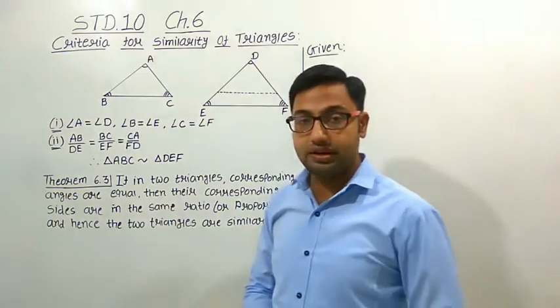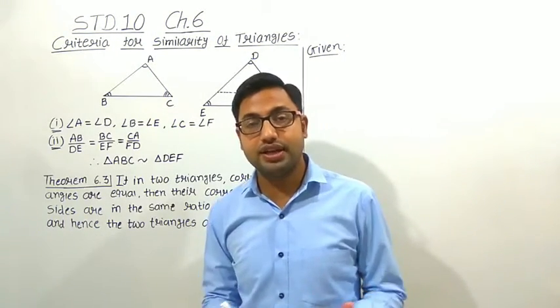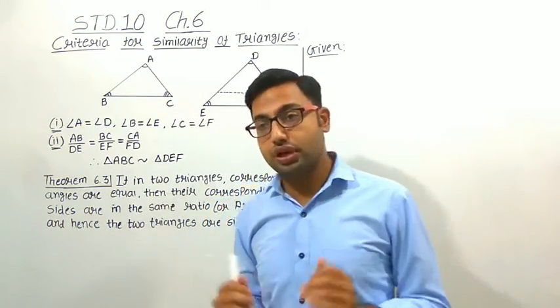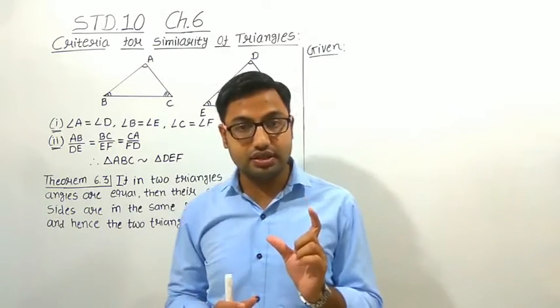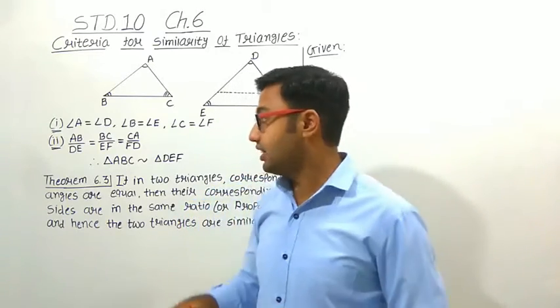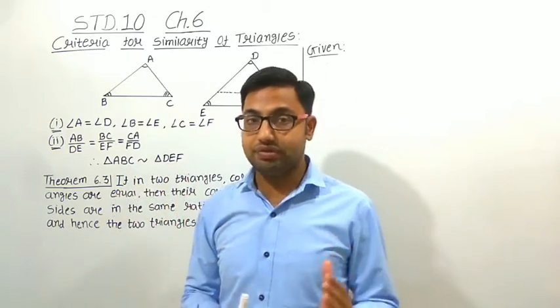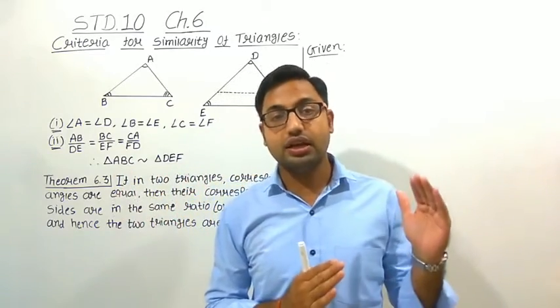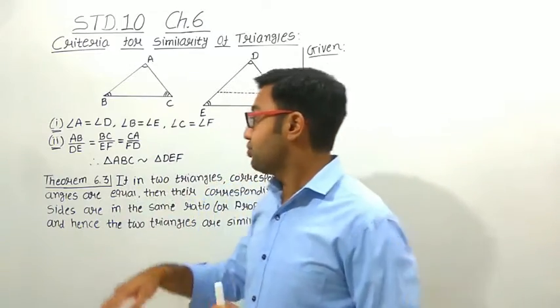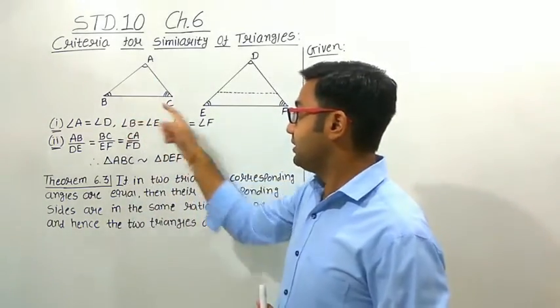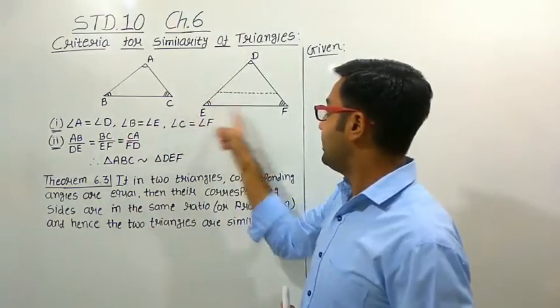We have already studied that if two polygons are similar, then there are two conditions. First, their angles must be equal, and second, their sides are in proportion. Suppose there is a triangle ABC and another triangle DEF.